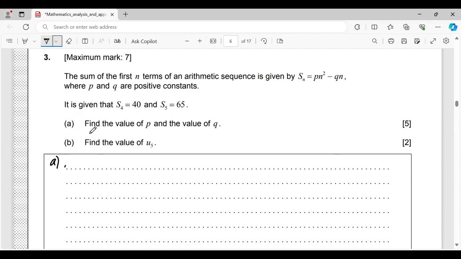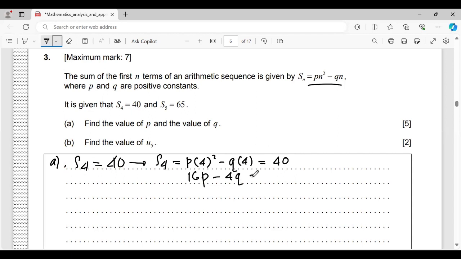Okay. Based on this information that S4 equals 40, it means S4 equals p times 4 squared minus q times 4 equals 40, or 16p minus 4q equals 40.